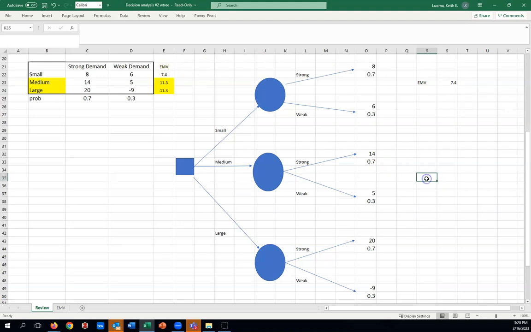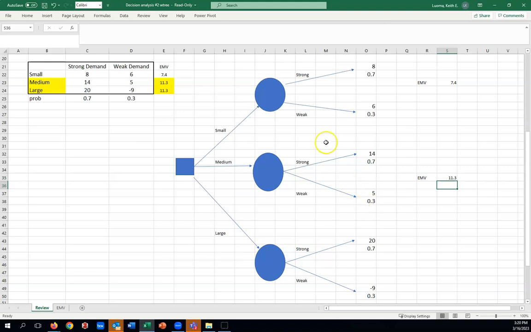Let's just finish it off. It'll only take a minute. So expected monetary value, again, the result, 14 times the 0.7, and then plus 5 times the 0.3.